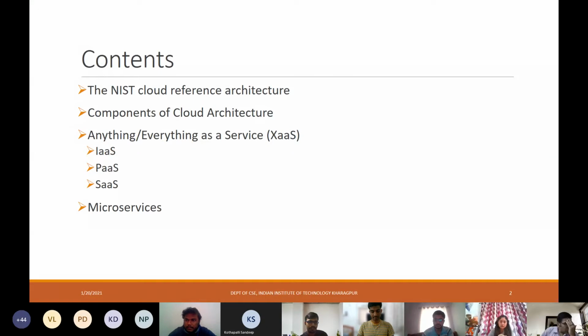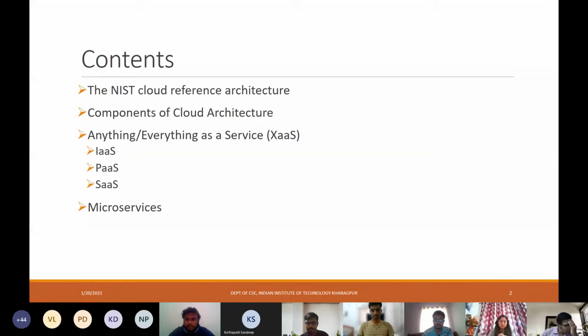So when we speak of cloud computing, in fact like other technologies also, we need to understand the architecture. Architecture forms the basis, the reference, for many technological developments.